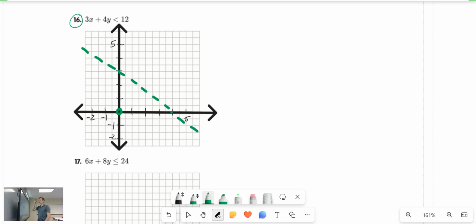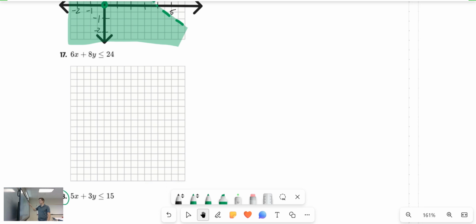Yes, absolutely. 0 is less than 12, which means we can shade the entire portion underneath this line. There we go. So that is our shaded region there. Perfect. So that's 16 done.